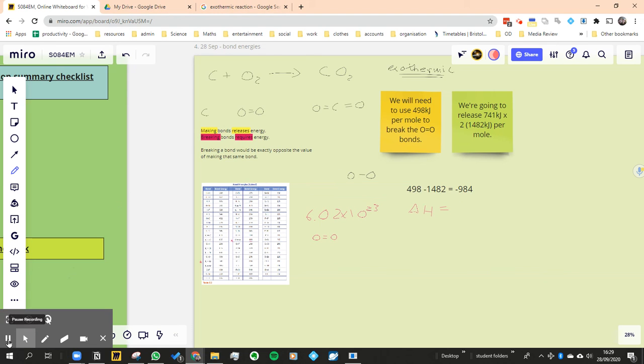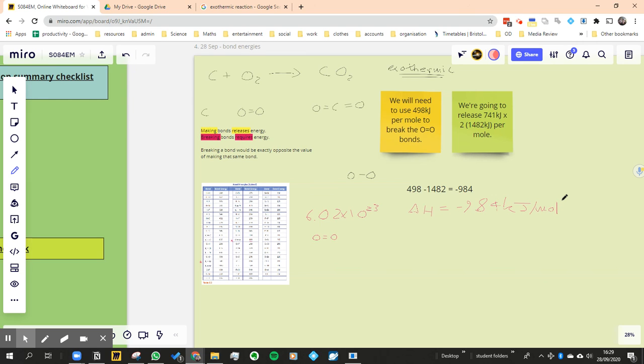There is going to be a better definition of it for us, so I'll find that in a moment. But I know that in exothermic reactions, delta H is negative, so it's going to be minus 984 kilojoules per mole.